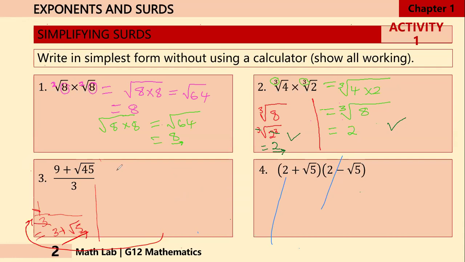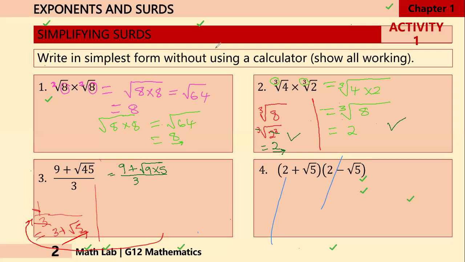We said we've got 9 plus root 45, divided by 3. So the first step is going to be 9 plus the square root of 9 times 5, all divided by 3. I think you all understood this part.